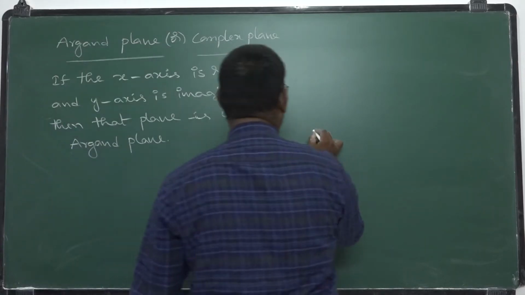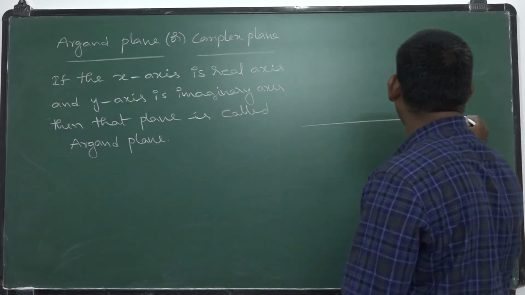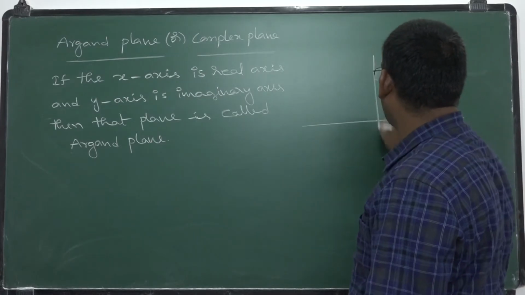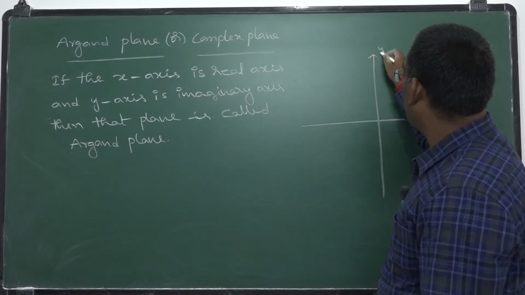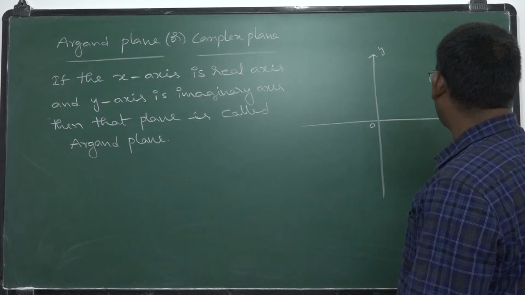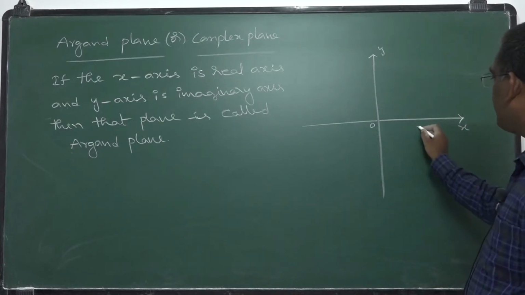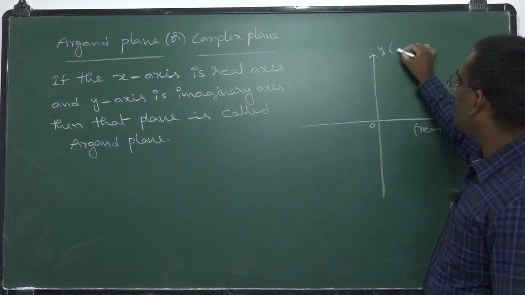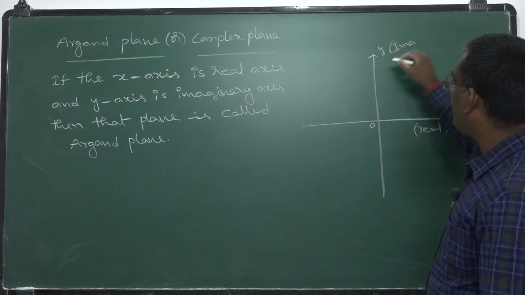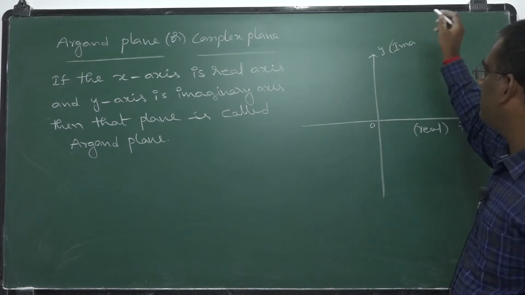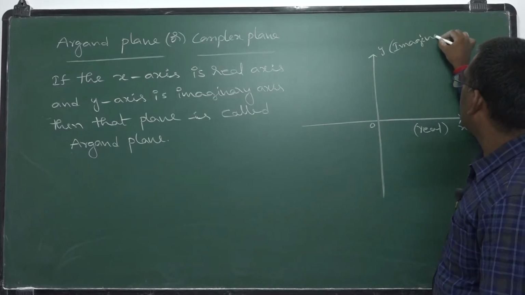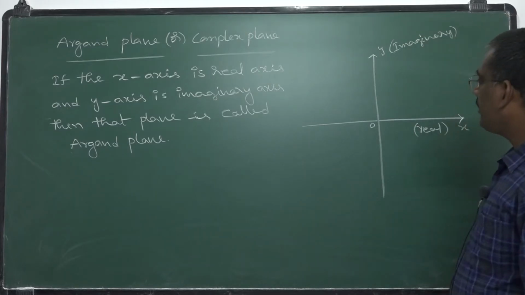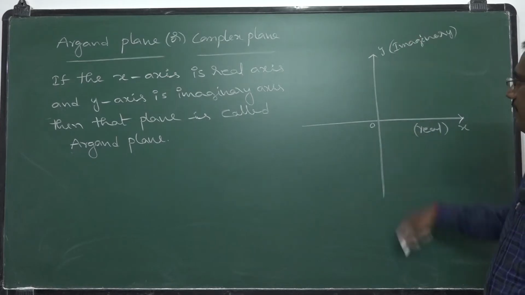So the x-axis is the real axis, the y-axis is the imaginary axis, and the point of intersection is the origin. So we take imaginary numbers on the y-axis.